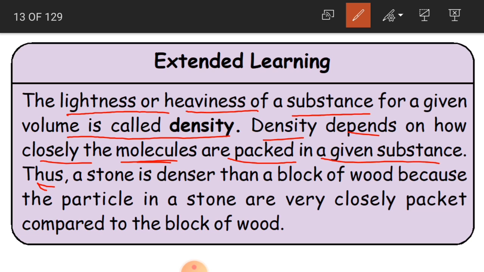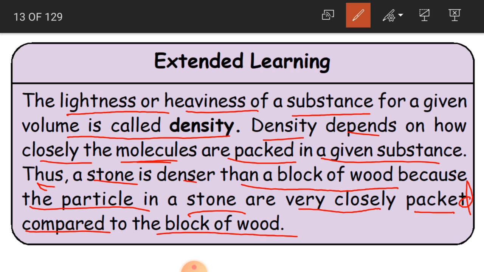For example, a stone is denser than a block of wood because the particles in a stone are very closely packed, children, compared to the block of wood. So the density of a stone is heavy when compared to the density of wood. Why? If you take a stone and wood, children, of the same size, what happens? Stone is going to be very heavy compared to the wood. Why?